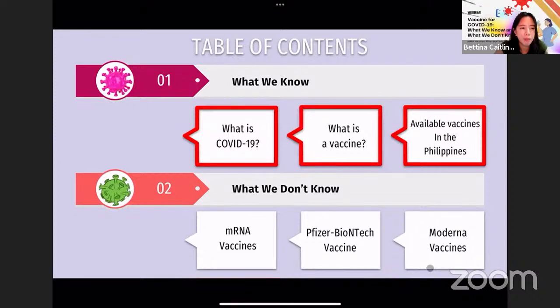On the other topic, on what we don't know section, we would tackle about mRNA vaccines and how it works.